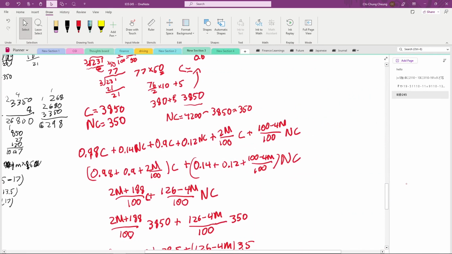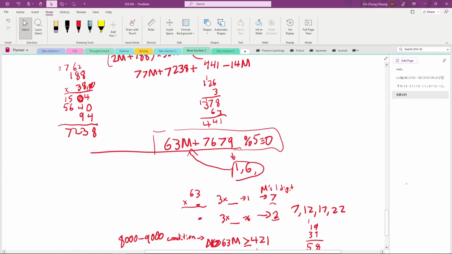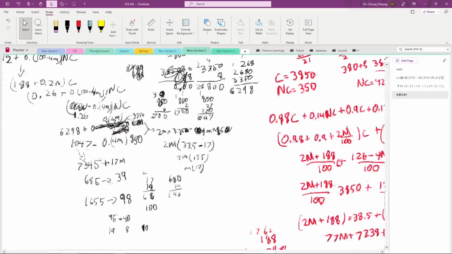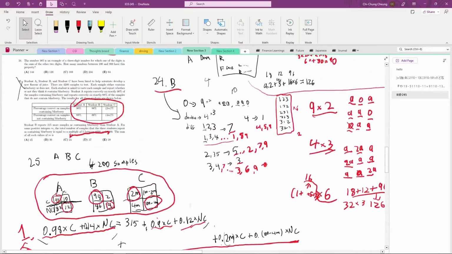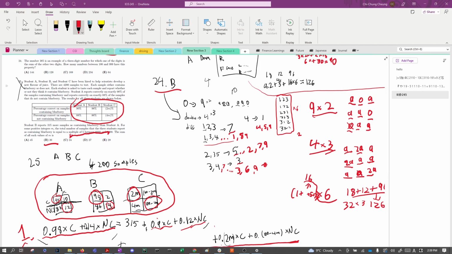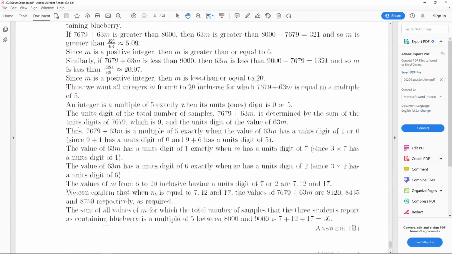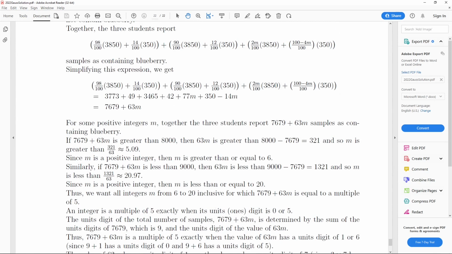No, wait, I even calculated wrong. Oh no, not mine. It's minus 22, not 20, so 36. So okay, and the answer is B. Right? Yep, right. Okay, so that's all the answers.